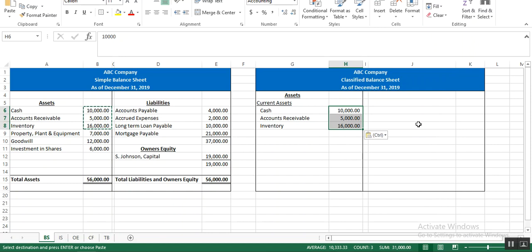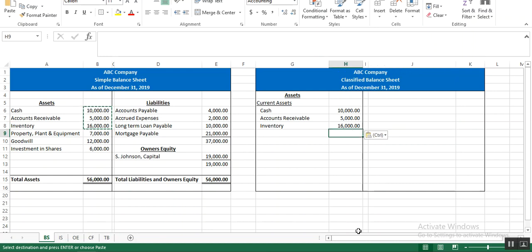I love working in Excel because it makes it so much easier to copy and paste the numbers, and I can use sums. So for persons that are familiar with Excel, this will be a good tool to use when you're preparing journal entries and financial statements because of those added features.